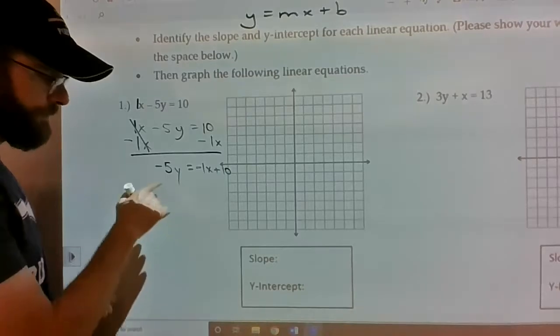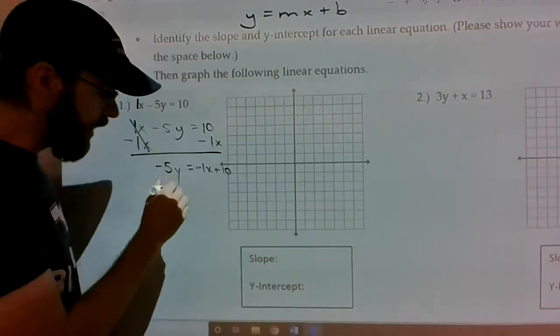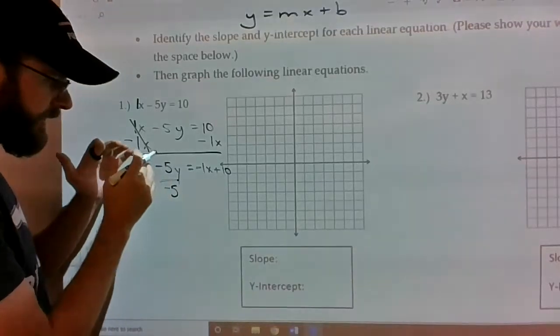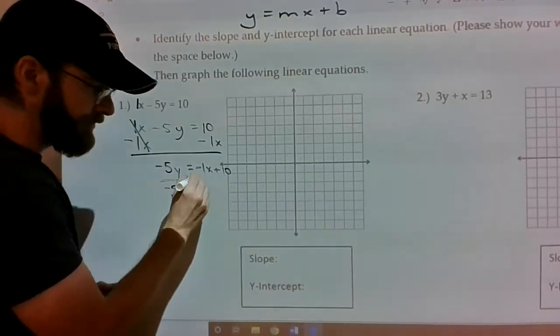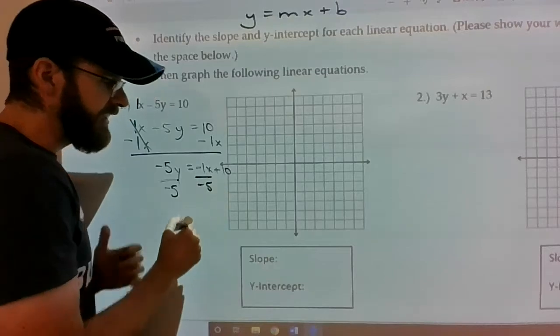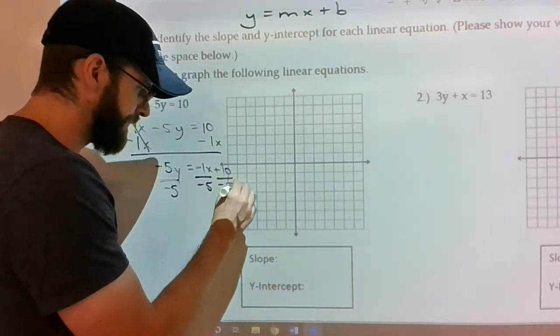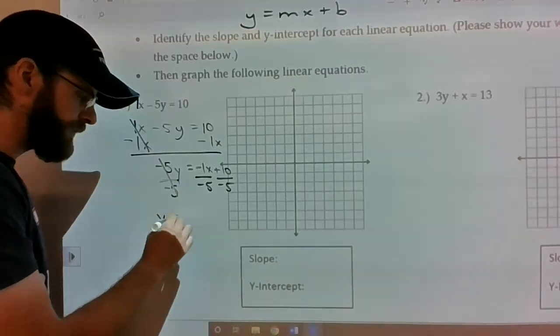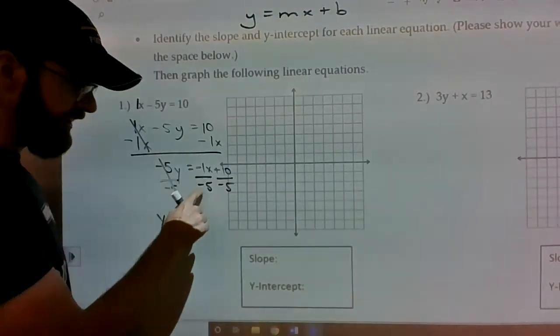Following that, because negative 5 is being multiplied by y, I've got to undo it through division. So I'm dividing negative 5y by negative 5, dividing negative 1x by negative 5, and dividing 10 by negative 5. Once I do that, I've got y equals negative 1 divided by negative 5.